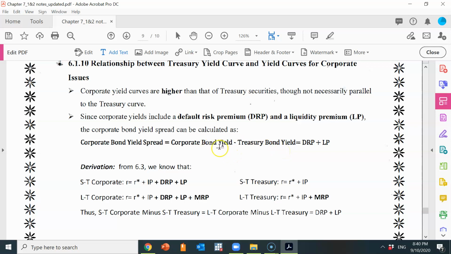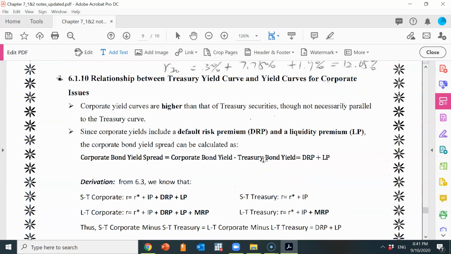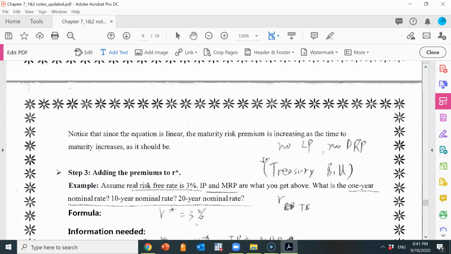It's the difference between a corporate bond interest rate and a treasury bond interest rate. That difference is just the premiums that only the corporate bond has and the treasury bond does not have, which are default risk premium and liquidity premium. So the sum of DRP and LP we can call the corporate bond yield spread. Alternatively, we can derive it from 6.3.